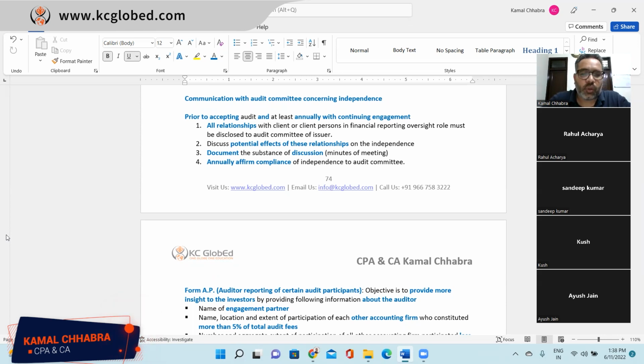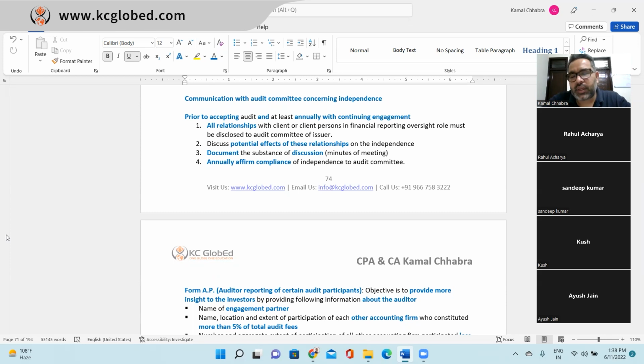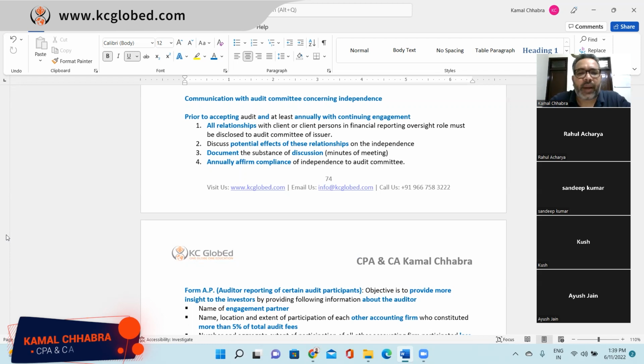So communicate with the audit committee concerning any independence issue, whether prior to accepting the audit or during the audit, if any such issue arises which is impacting your independence. Prior to accepting an audit and any attest client, and at least annually when you are continuing, you need to provide that information to the audit committee.